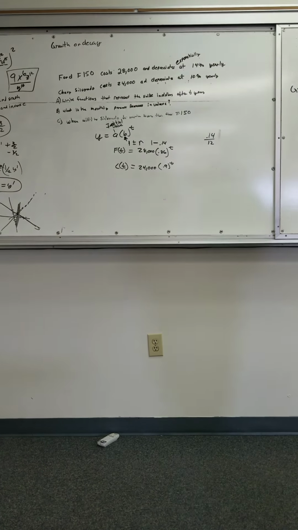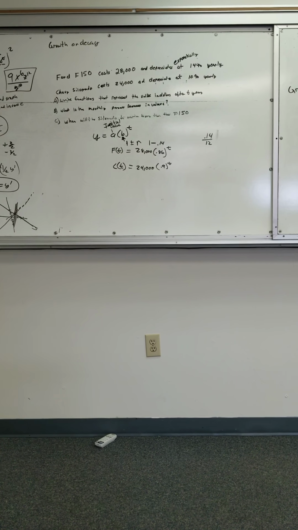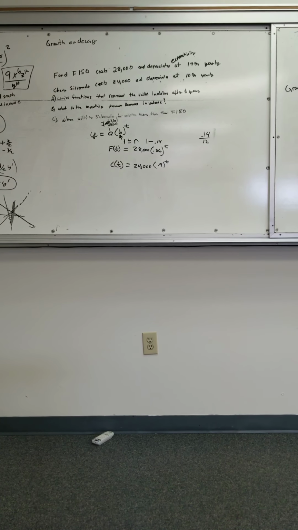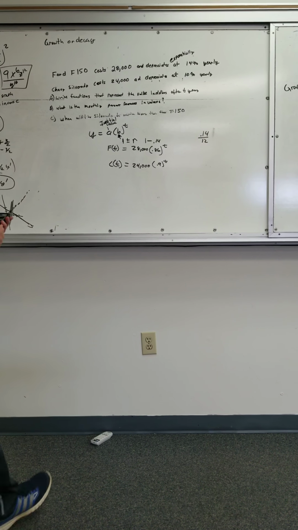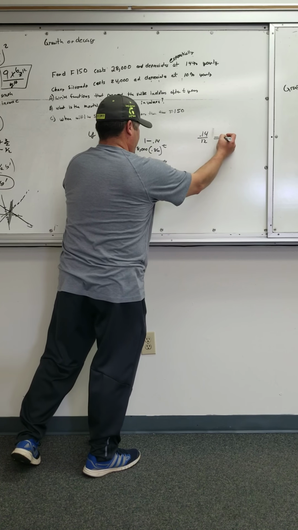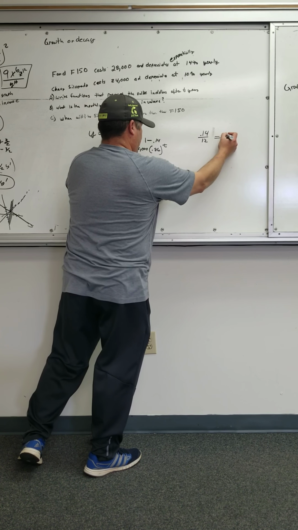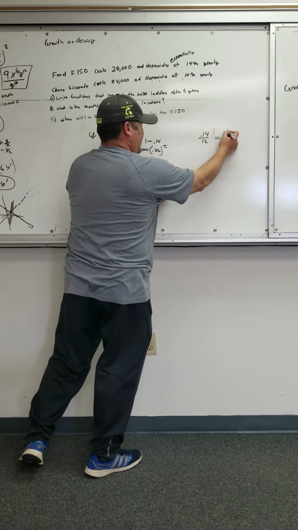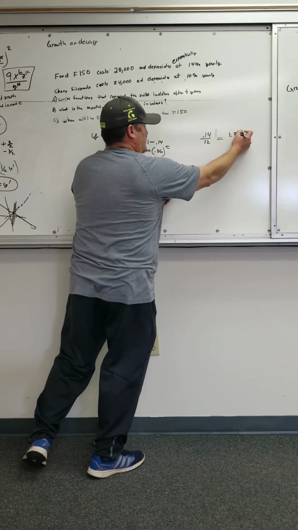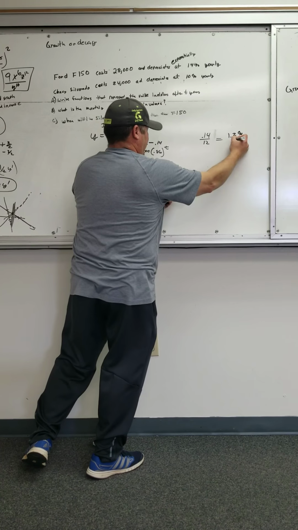Let me grab my calculator. I just go 0.14 divided by 12 equals, so this is depreciating by 0.01, so it's going to be 1.2% each month.